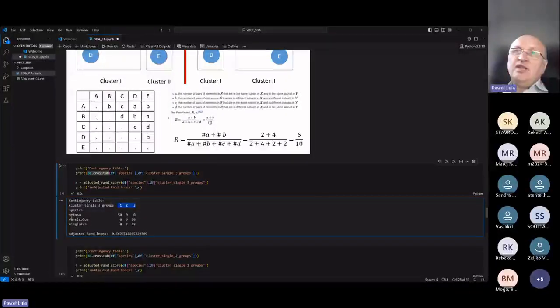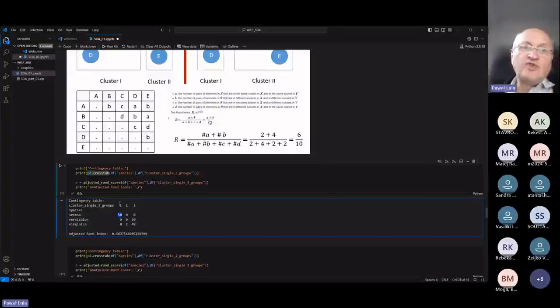And we see the way in which objects belonging to these two real groups were classified. And we see that all Setosa flowers were assigned to the first group. Of course, it is not possible for this method to assign the name for this group, because our algorithm does not know the name of these flowers.